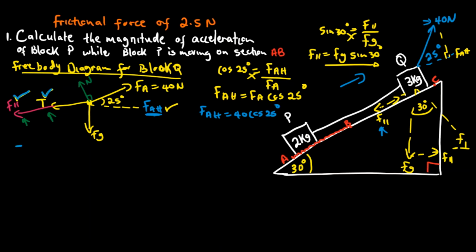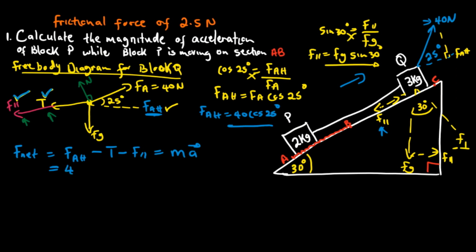So meaning that the F net of block Q is equal to, because it's moving upwards, it means that the force applied in a horizontal direction is dominant compared to the other forces. So minus the tension minus the force parallel is going to be equal to MA, right? So the force applied but in a horizontal direction, it's this one here.